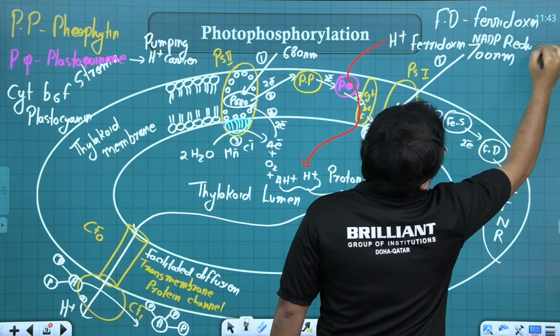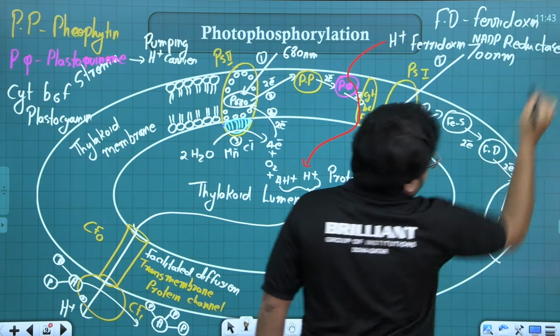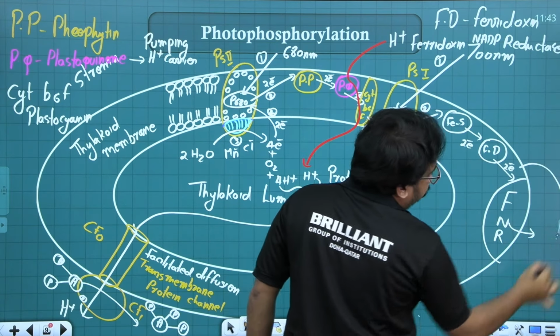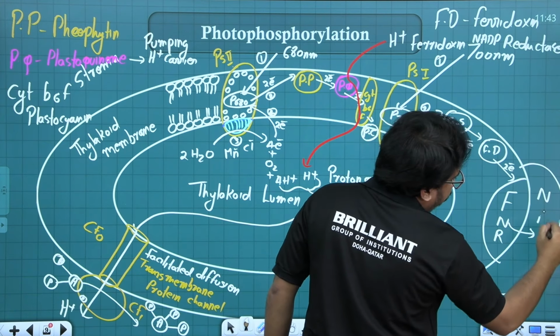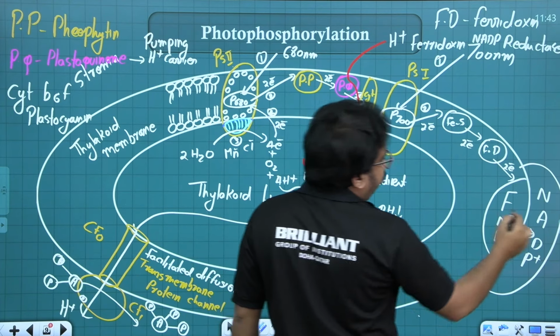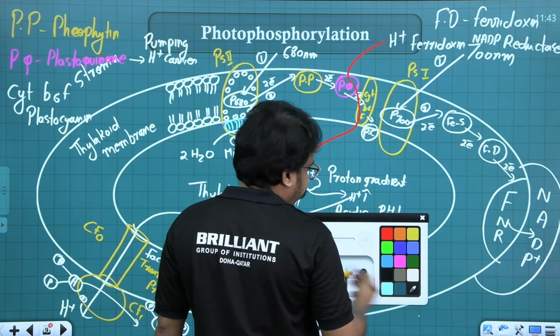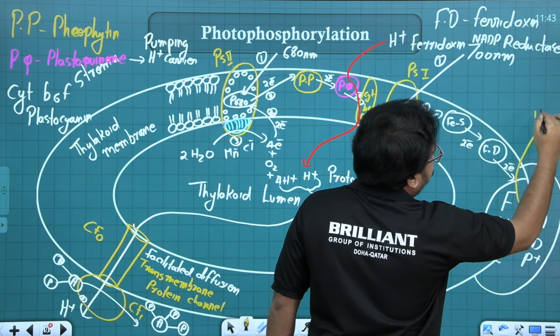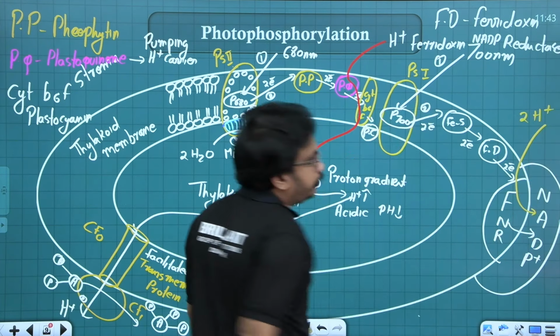What they perform is reduction. That means they will give these 2 electrons to NADP plus. And for that reduction process, they also take H plus from the stroma.